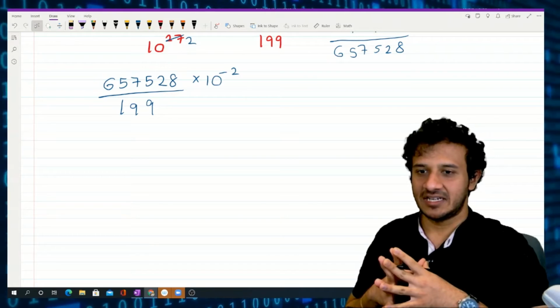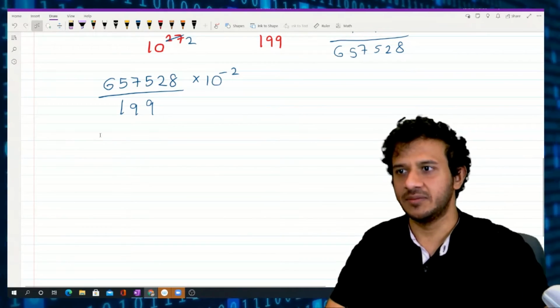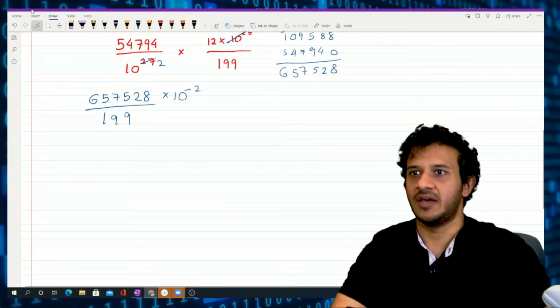So the 199 times table, I usually tell my students to do it like this, to have an idea.